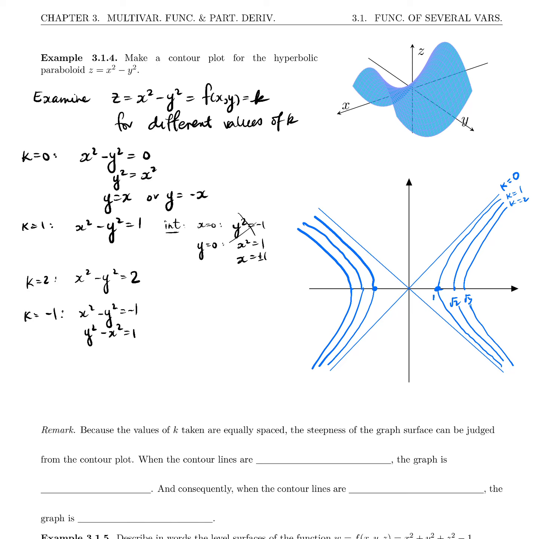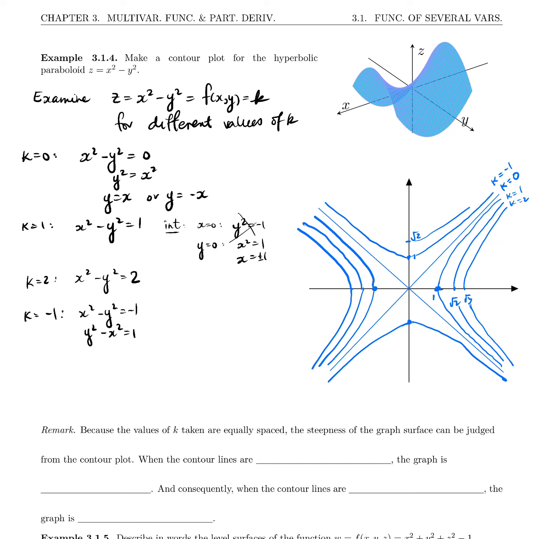So if I do the same kind of calculation, it shouldn't take me much to figure out that these are going to be facing up, down, or opening in the y direction. So I'll go and add in hyperbolas in that direction. I better label this. k is minus 1. And the same thing when k is equal to minus 2, I'm going to get root 2.